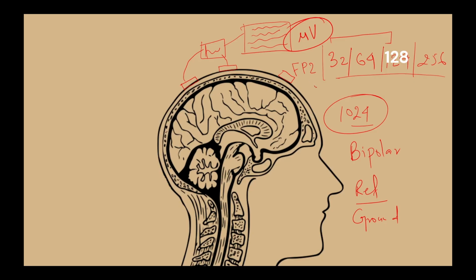Don't focus on this right now; we will learn what FP2 is. If I want to measure the electricity from this region, the FP2 channel, we measure this electrical activity with respect to some reference channel. Generally we take the earlobes or the central portion.